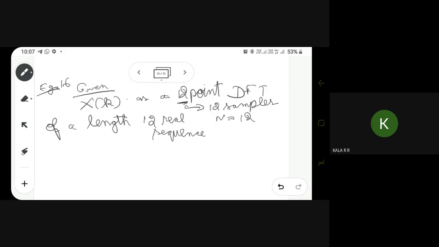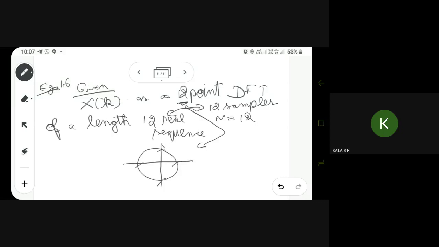The 12-point DFT means, so you have to know about the point DFT. This is what corresponds to your sample length. So 12-point DFT refers to the unit circle you will be taking, and we have already seen the 4-point DFT. In the unit circle you will be equally taking 4 points.